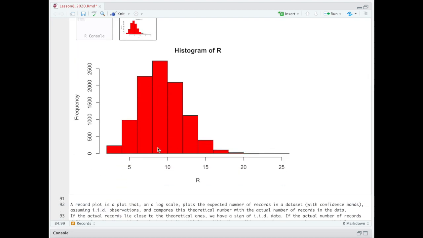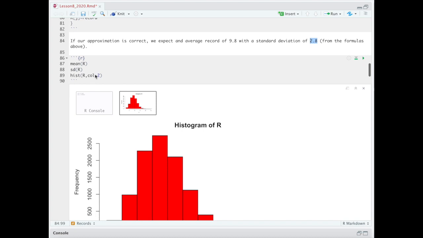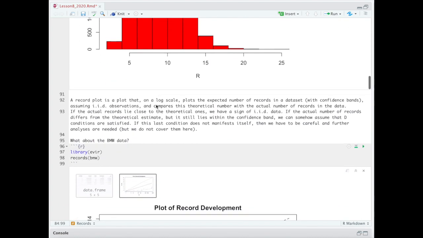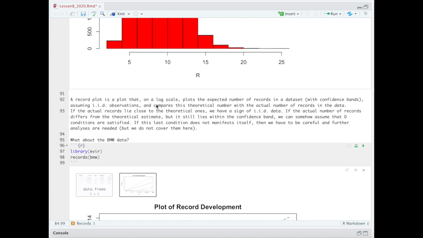You see that most of the samples satisfy our approximation. Then obviously you have some variability around the expected value, and this variability is consistent with the standard deviation of 2.8. So records do follow this logarithmic behavior when they come from an i.i.d. sample.